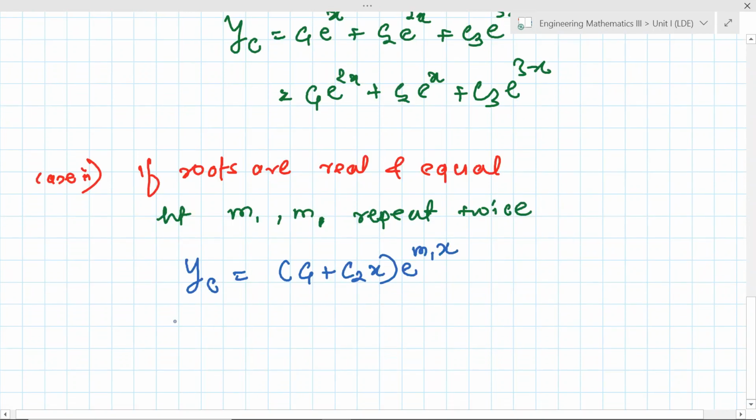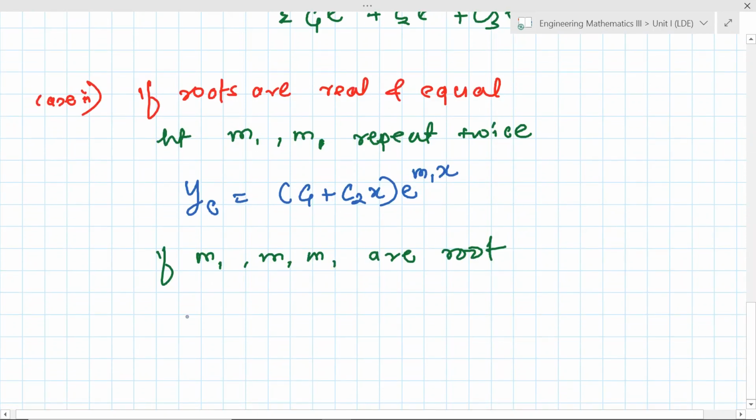Okay, so if m1, m1, m1 are roots, three times repeated roots, then what is my complementary function? See, observe it carefully, it is very important. c1 plus c2x plus c3 x square, into e raised to m1x. If it repeats four times, then plus c4 x cube inside the bracket, e raised to m1x.